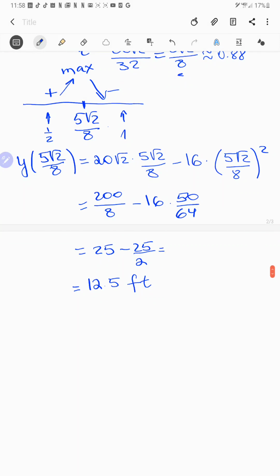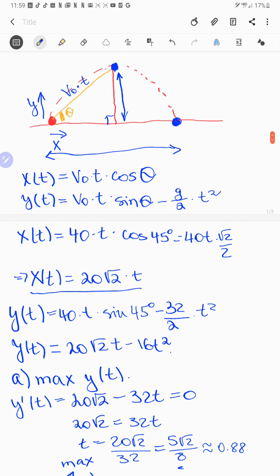For the second question, it is asking how far away it went in the x direction. So if you look again here at the picture, over here we can see that we are at a height of 0.